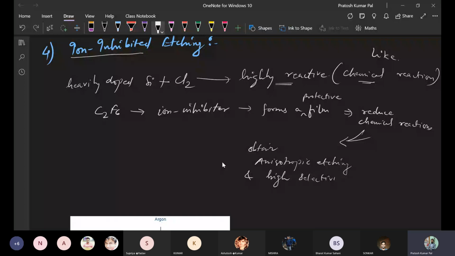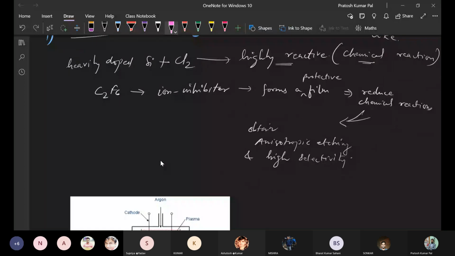Okay, so next we will see the different techniques of dry etching. There are three different techniques.